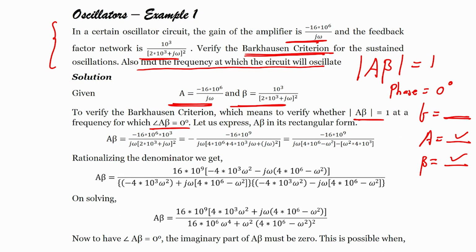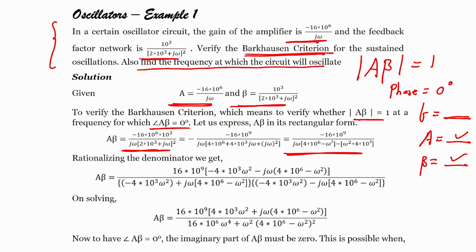So, let us express A beta in rectangular form. A into beta is this value. If I further work on this equation, I will get this value. Now, if I rationalize the denominator, so again guys, you see you have to understand mathematics, okay.